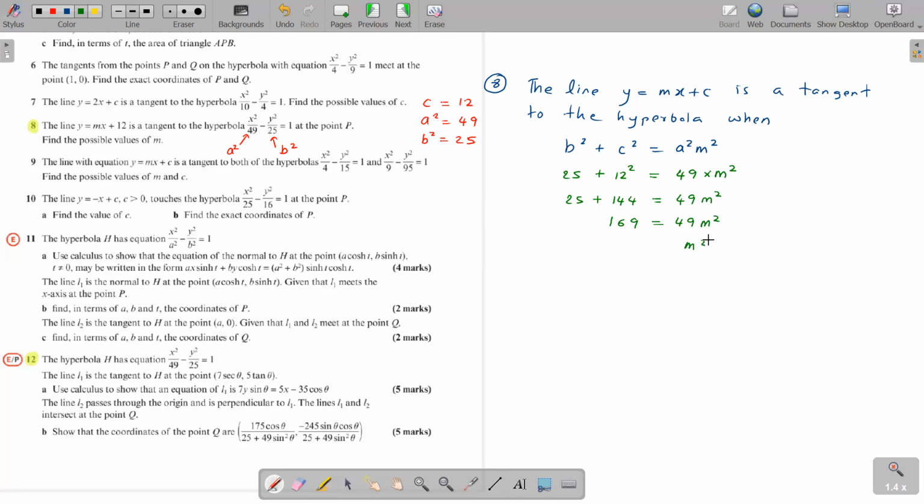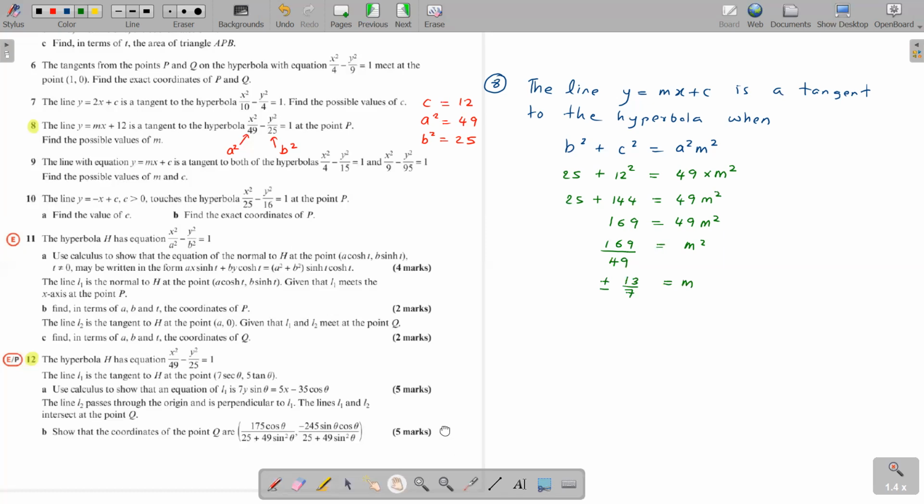So this gives me m square is 169 divided by 49, which is not divisible, right? So this gives me m is square root of 169 over 49, which is plus or minus 13 over 7. That's all you need.